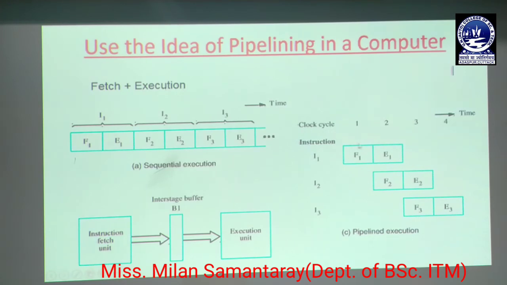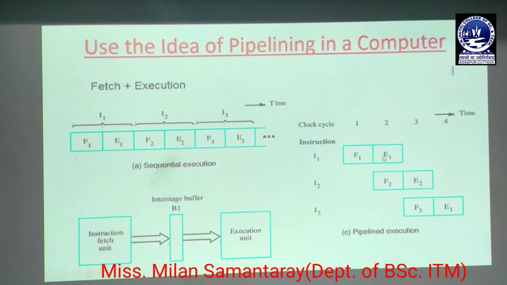The pipeline technique is controlled by a clock signal, and the stages are divided in such a way that each stage is completed in one clock cycle, or you can say it is measured using clock cycle periods. Here the fetching of instruction 1 will be completed in clock cycle 1, and then the execution of instruction 1 will be completed in clock cycle 2.